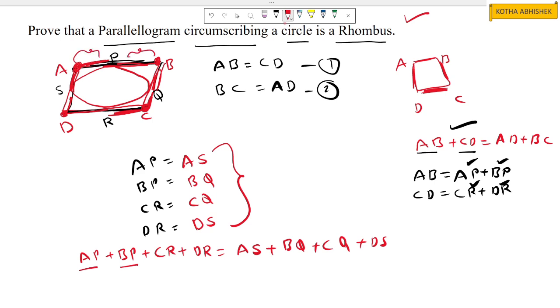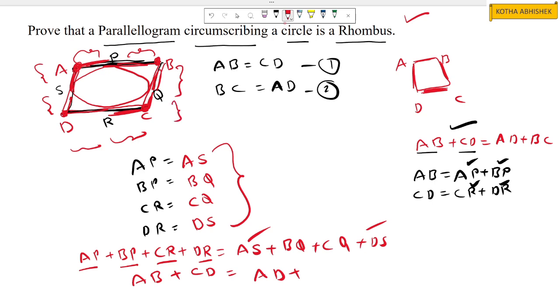So AP plus BP is the total length AB. The same way, CR plus DR, if you observe the base, CR is this one and DR is this one. So CR plus DR is nothing but CD, which equals AS plus DS. AS is this part and DS is this part. So AS plus DS is AD. Plus BQ plus CQ; BQ is this one and CQ is this one. So BQ plus CQ is the total BC.